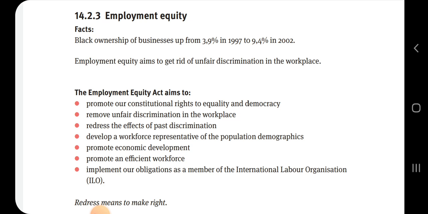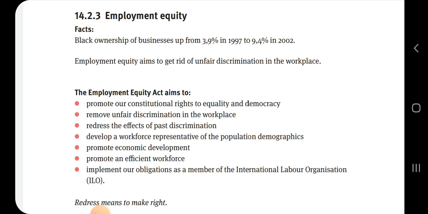The Employment Equity Act aims to promote our constitutional right to equality and democracy, remove unfair discrimination in the workplace, redress the effects of past discrimination, develop a workforce representative of the population demographics, promote economic development, promote an effective workplace, and implement our obligations as members of the International Labour Organization.